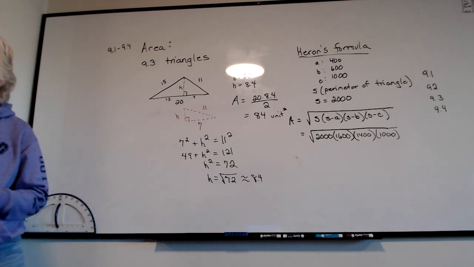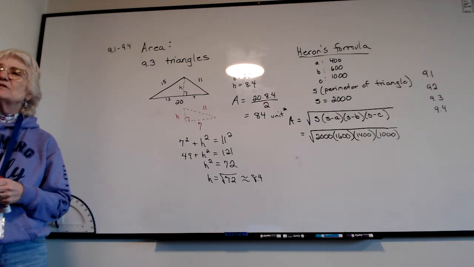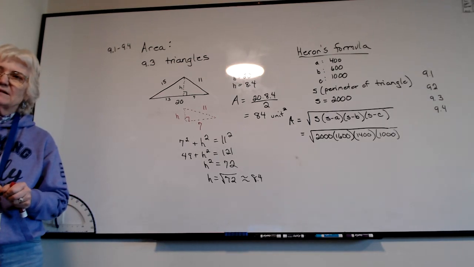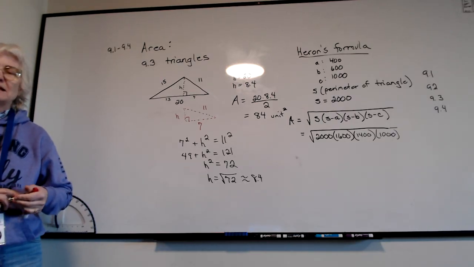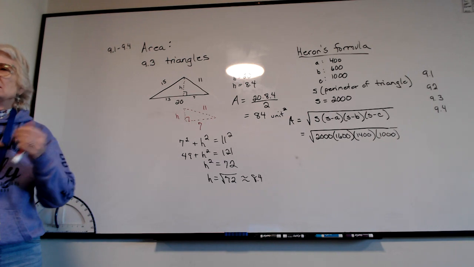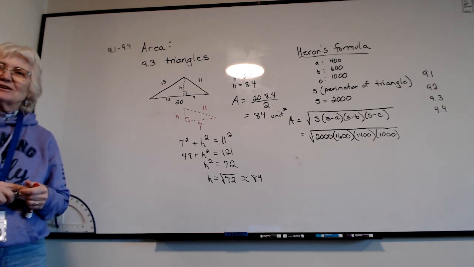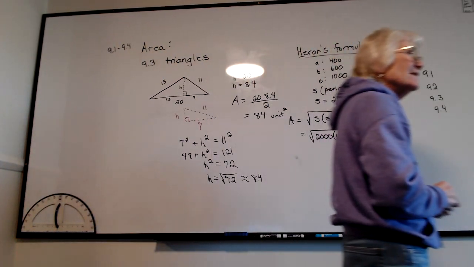It comes out in scientific notation, 4.48 times 10 to the 12. Take the square root now. You know how to take the square root? Okay. What did you get?